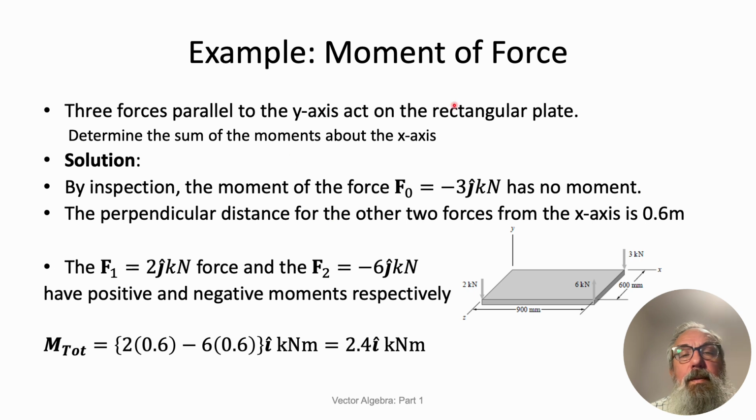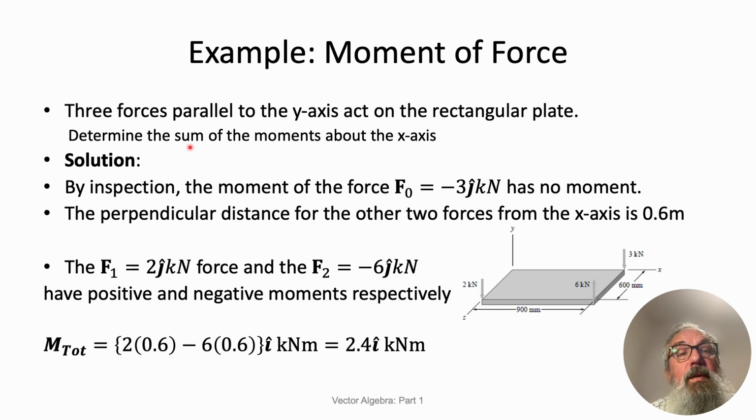So we're going to look at this example of moments of force. We've got a plate, we've got three forces acting parallel to the y-axis. Here's the y-axis. We've got a 3 kilonewton one acting down, a 6 kilonewton one acting up, and a 2 kilonewton one acting down at the three corners at the dimensions shown here.